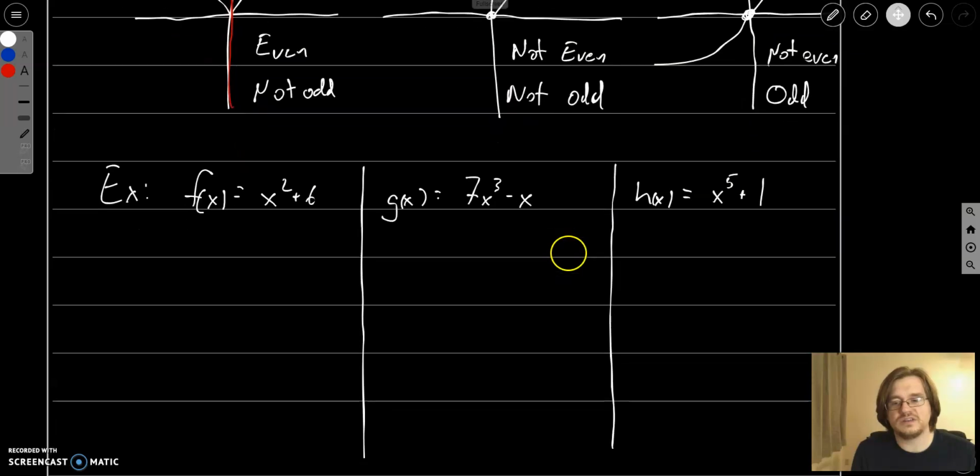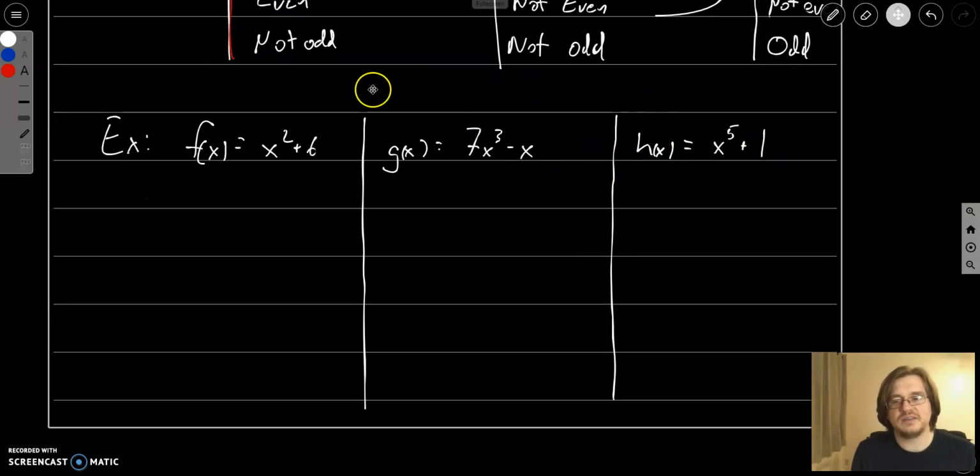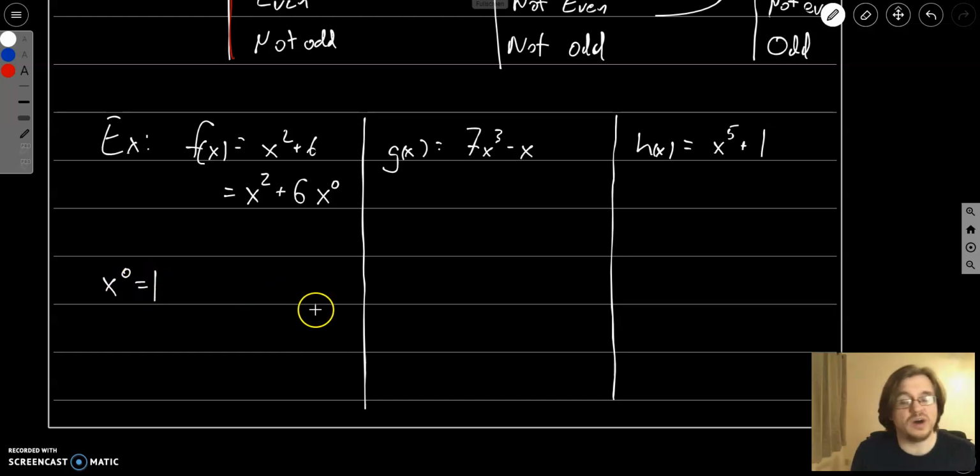So one thing I want to quickly point out is that for polynomials, there is a pretty quick way of seeing if something is even or odd. Here we've got x squared plus 6, and one thing I could do is plug in a negative x into here and see that negative signs cancel, or I could do the following. x squared, I'm not going to simplify, but 6, I can write as 6 times x to the 0 power, remembering that x to the 0 power is just 1.